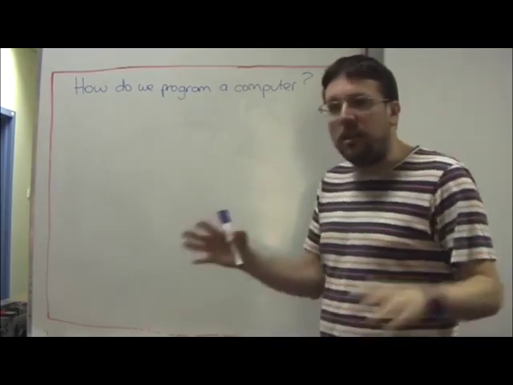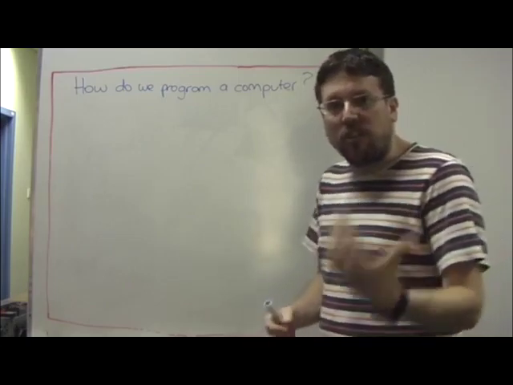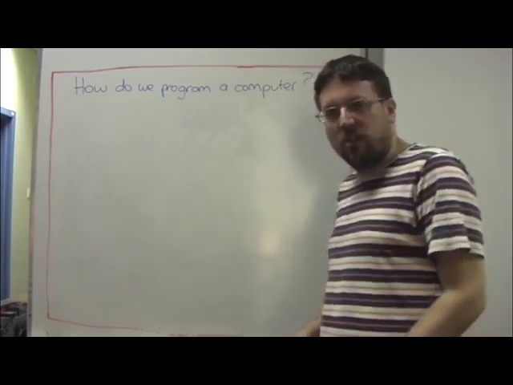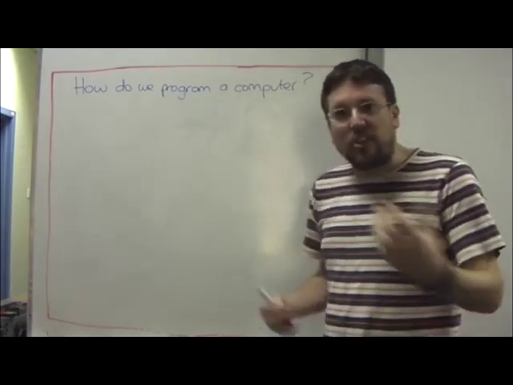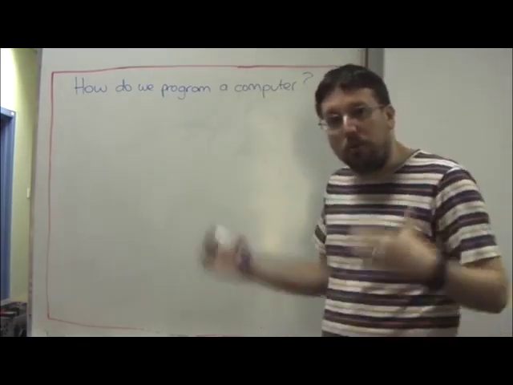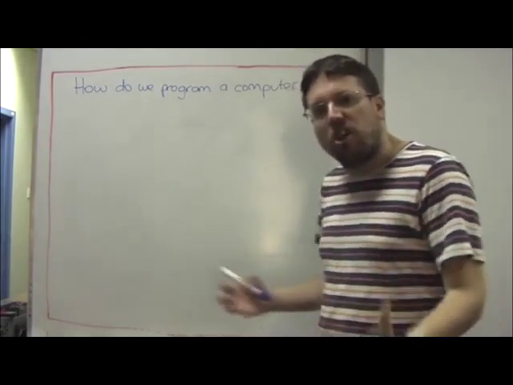Okay, so we need to go right back to basics, and think about the language that the computer understands. The language that the computer understands is based on electricity. Everything your computer does is done by electrical circuits.